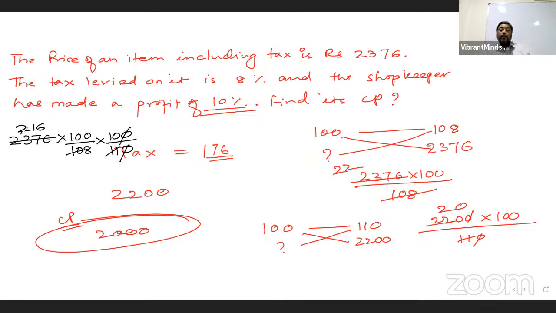Now 108 into 2, so it is 2 into 100 into 10, and that is 2000. Is it clear? So this is how you can do it. Am I clear, guys?